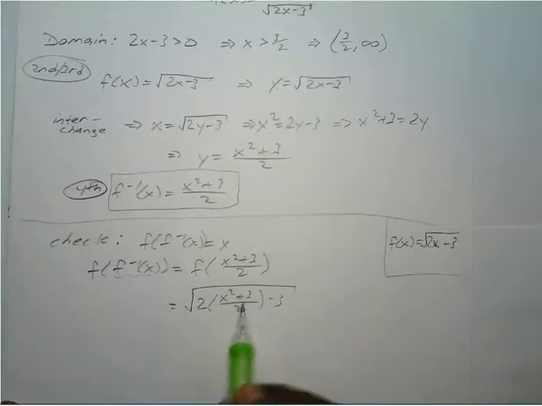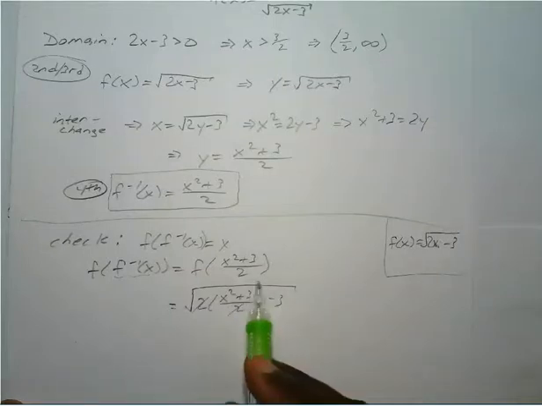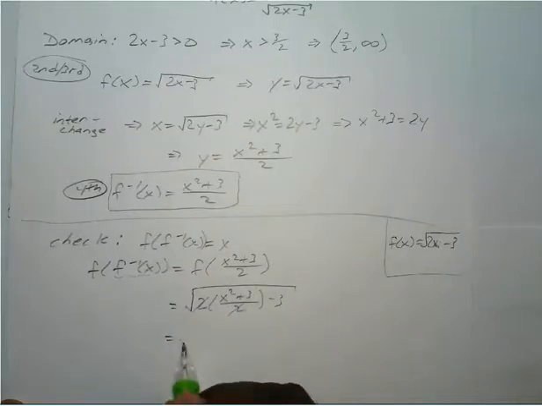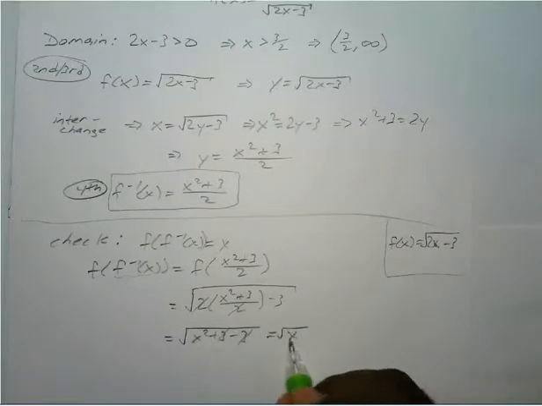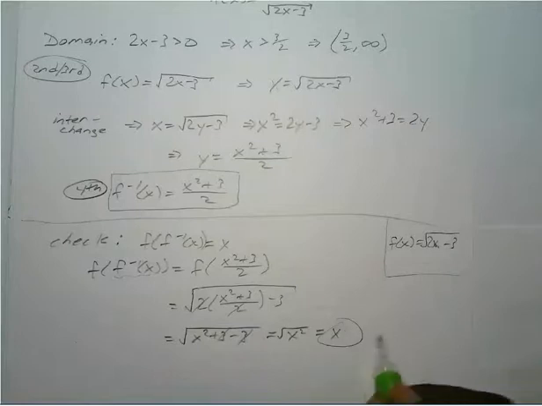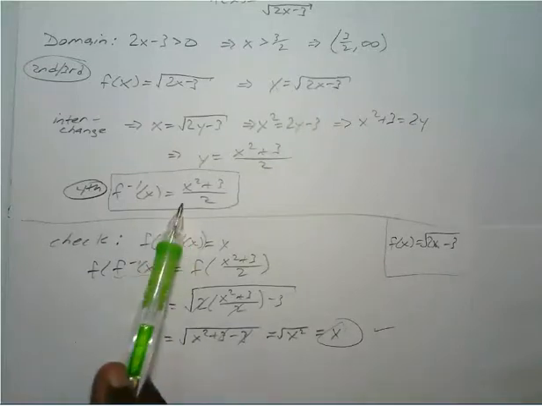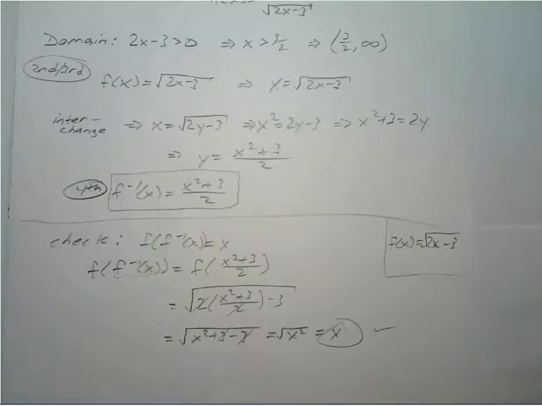So you can see here the 2's cancel each other out. So you have x squared plus 3 minus 3, where those two cancel each other out. So you have the square root of x squared, which is equal to x. So that's how you know that is the proper inverse.